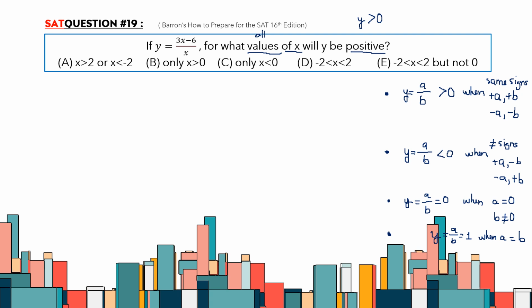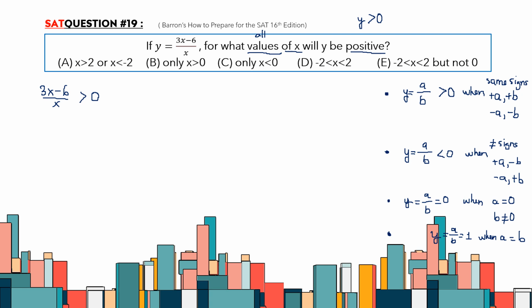Now we want y positive, so (3x minus 6) over x has to be greater than 0. This is the first case: it's greater than 0 when the top and the bottom are both positive.